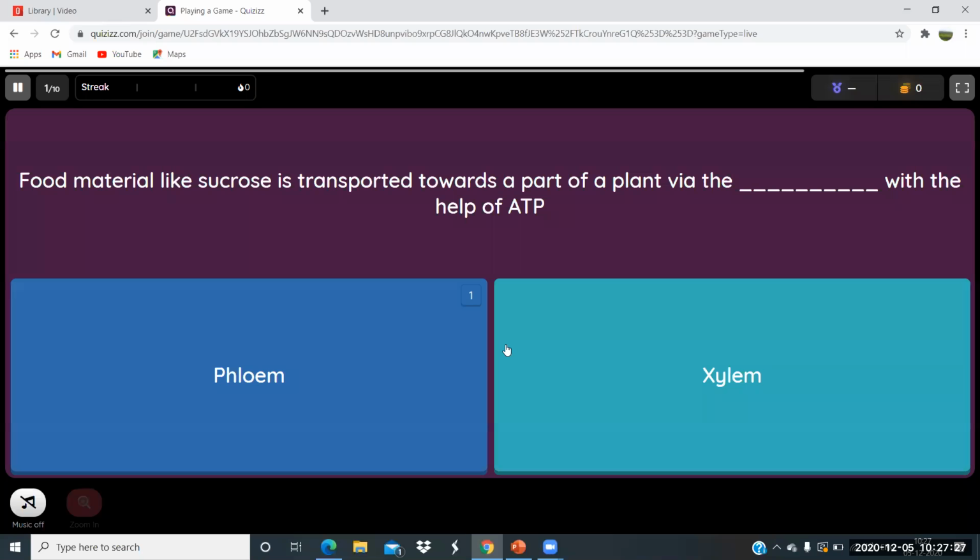Click on the answers and move further. Come on, do it fast. We will be having 10 questions. Let's see how much we have understood and who will win the quiz.